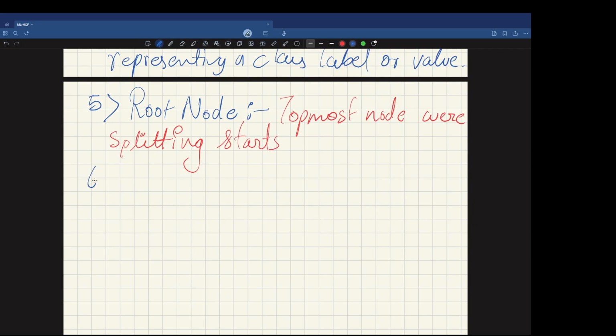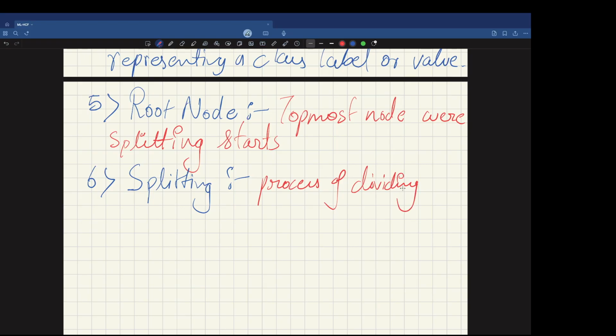Then what is splitting? Process of dividing a node into two or more subnodes.